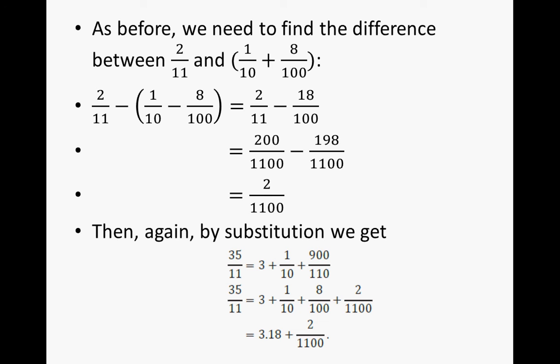We can again write this as 35/11ths is equal to 3 plus 1/10 plus 8/100ths plus 2/1100ths. And we can write that again as an expression: 3.18 plus 2/1100ths.